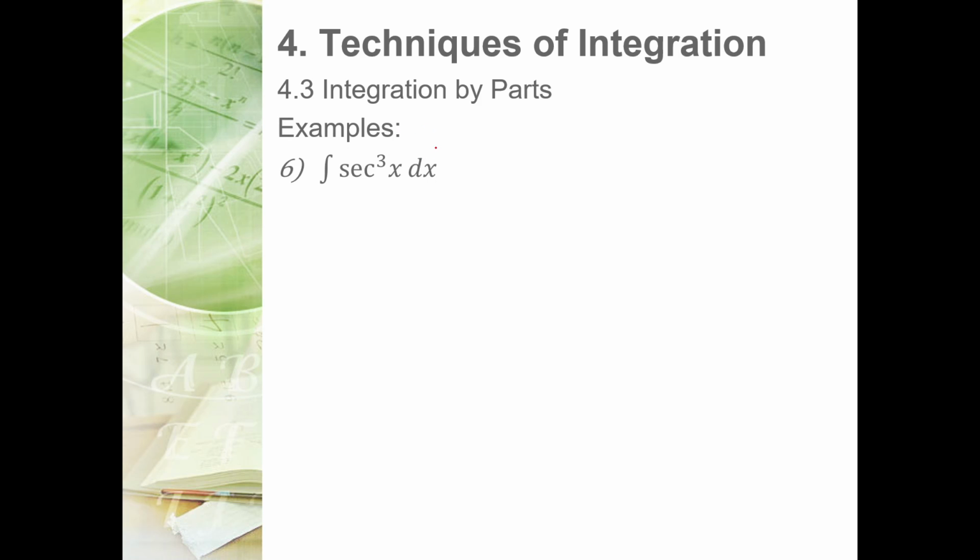So how about the integral of secant cube x dx? How are we going to utilize integration by parts here? Of course, we can break this one into its components: secant x, then the other one is secant squared x dx.